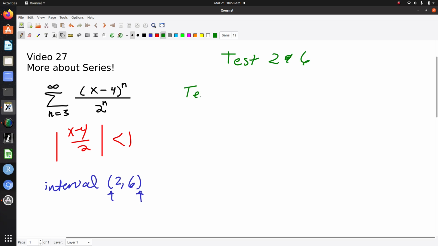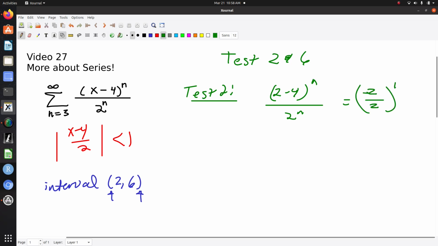So testing 2, what's going to happen? Okay, you're going to just pop a 2 in there and say 2 minus 4 to the n over 2 to the n. What does that look like? So 2 minus 4 is, actually, we're going to look at it this way. No absolute value, sorry. 2 minus 4 is negative 2. So since it's negative 2 over 2 to the n, this is equal to minus 1 to the n.